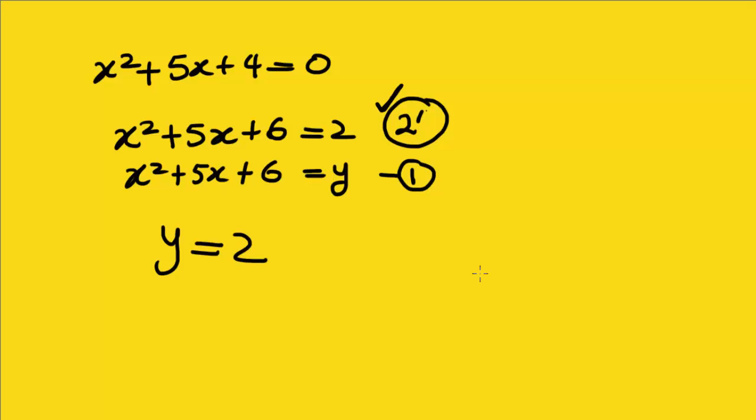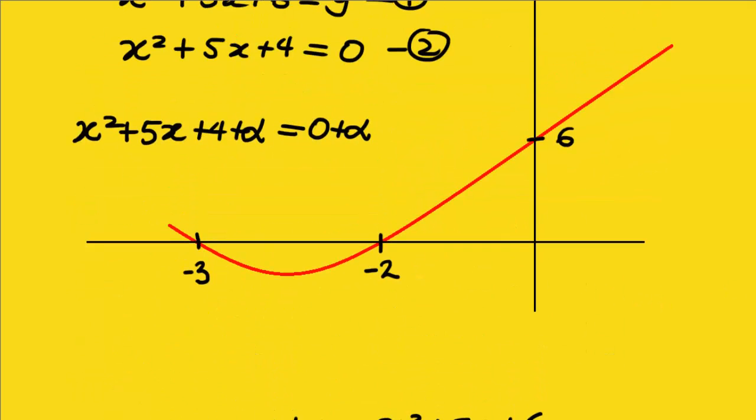This is a lot to take in. You plot the equation y equals 2 here. So say 2 was here. The line y equals 2 will be this plot here, and its point of intersection with the given graph gives me the solutions -1 and -4, which are the solutions to the given quadratic.